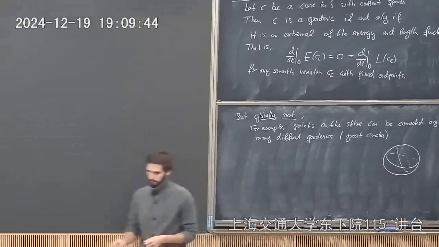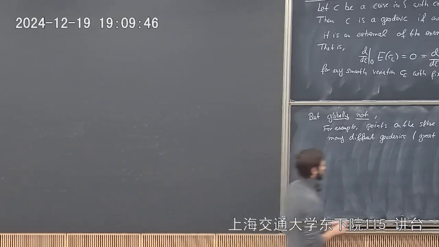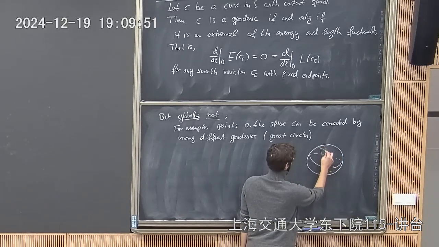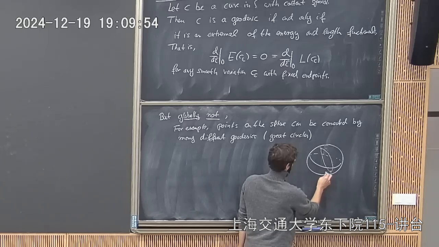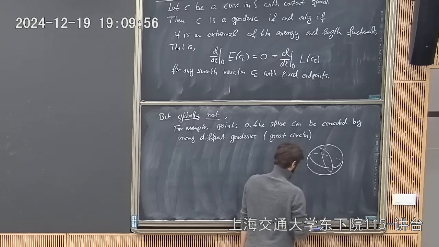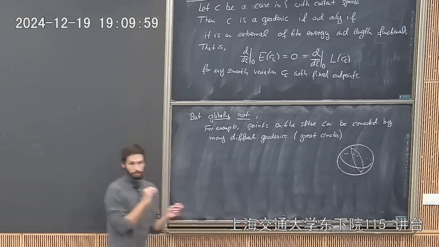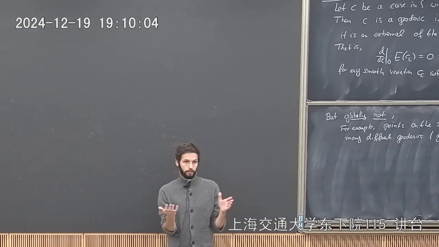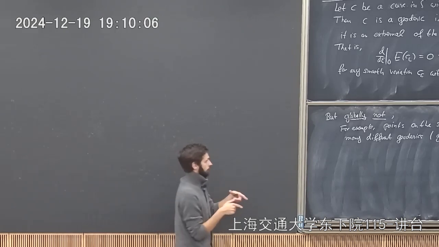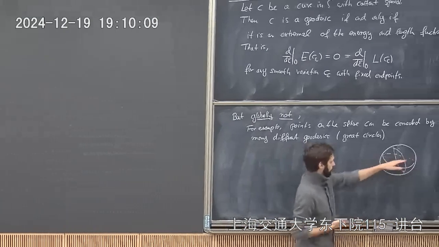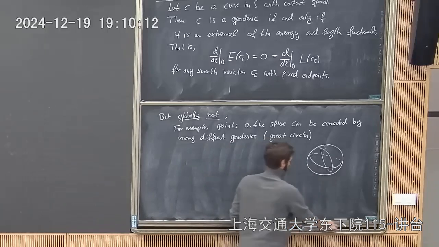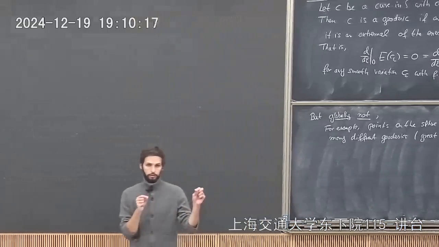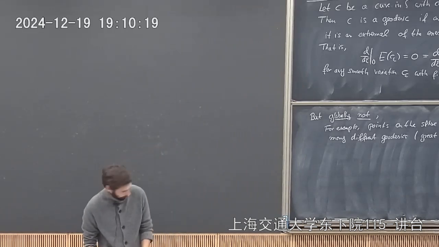I don't know if the picture gets more clear, but you can just choose a different point, and then you get a great circle which is given by the third point, and then there's a unique great circle that goes through three points. So what you're missing is essentially one other point that gives you the great circle. So you get a whole family of great circles, and not all of them have the same length between these points.